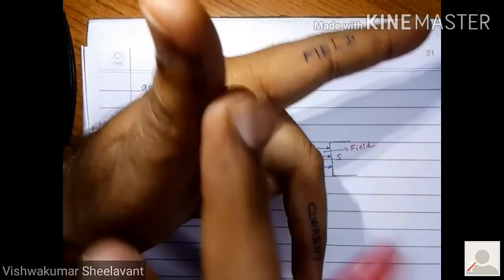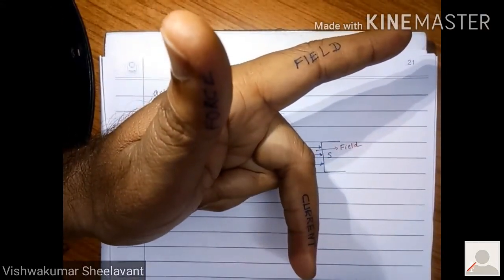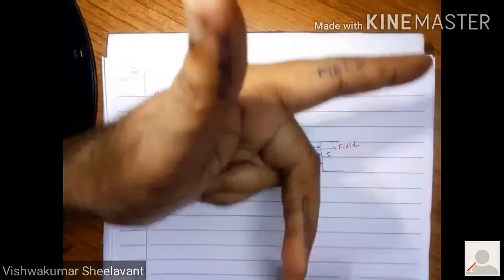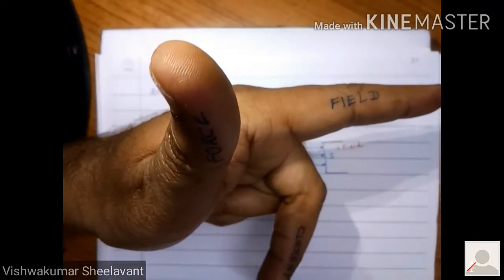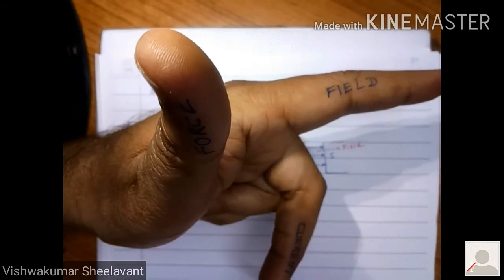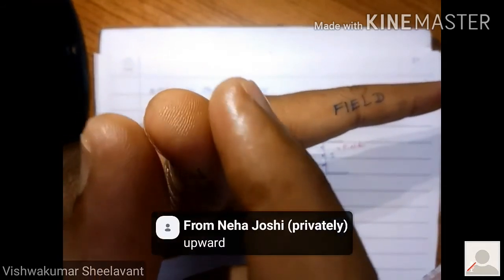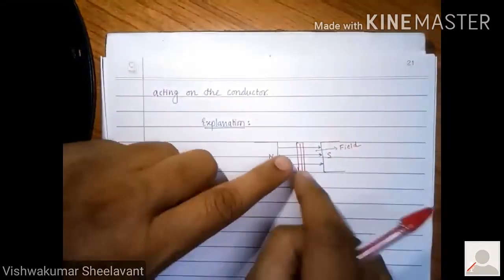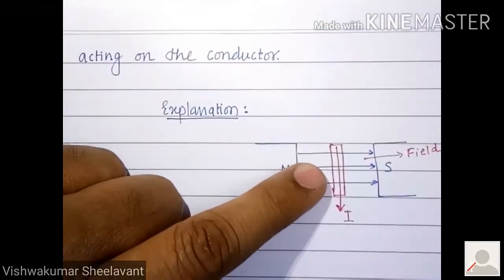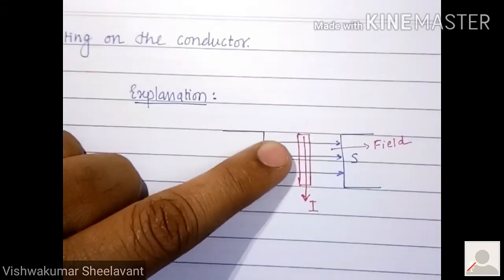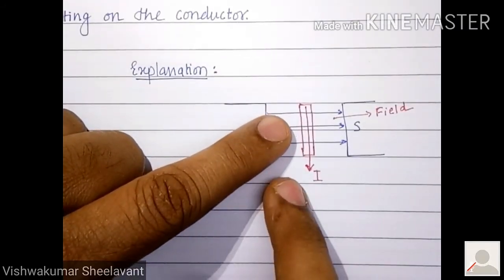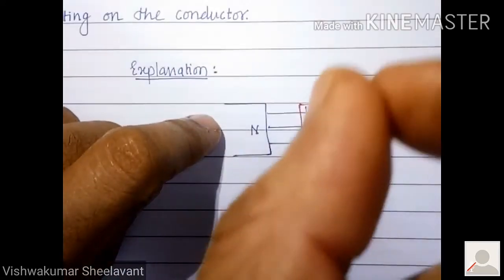Are you able to see this arrangement? In which direction is the force acting? Thumb is directed upward. That means force on this conductor will be acting in upward direction.